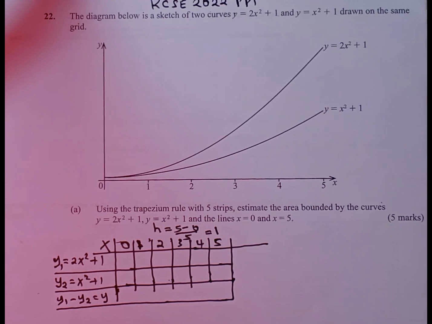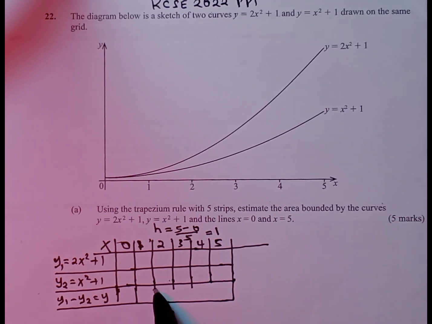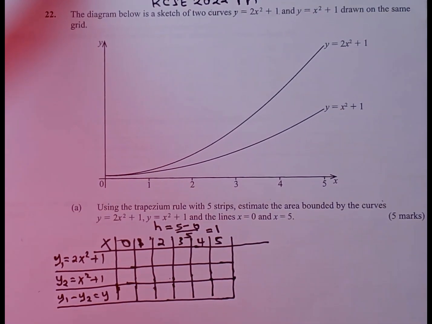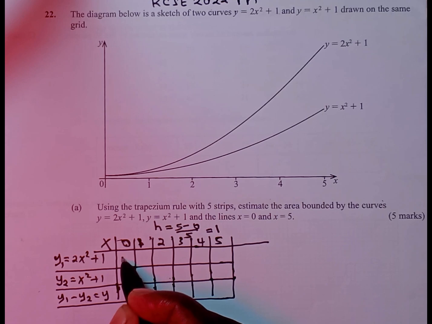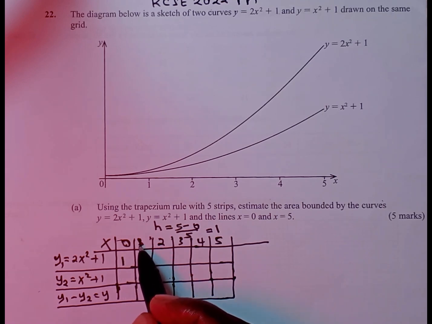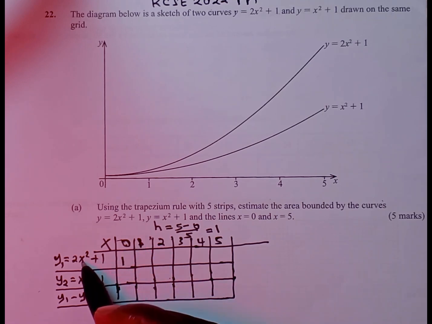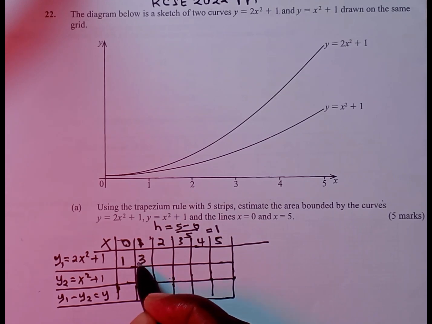Now we can use our curves plus the values of x to get y1. When x is 0, y1 is equal to twice x squared plus 1. Remember, x is 0, so 0 squared is 0, times 2 gives 0, plus 1, you get 1. When x is 1, we take 1 squared, you get 1, times 2 is 2, add 1, the answer is 3.